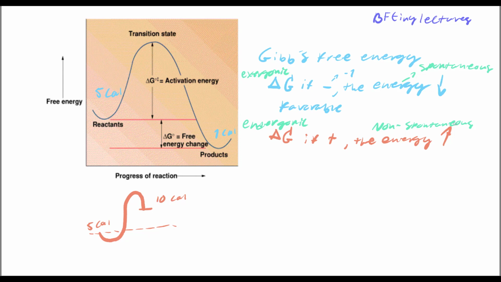Okay, so we can now introduce the concept of the standard free energy. So that is, again, baby triangle, it's also a delta. We have G for Gibbs right here, and then we can have the little circle. Okay, so what is the standard free energy? Well, it's essentially Gibbs free energy, but measured under certain conditions.